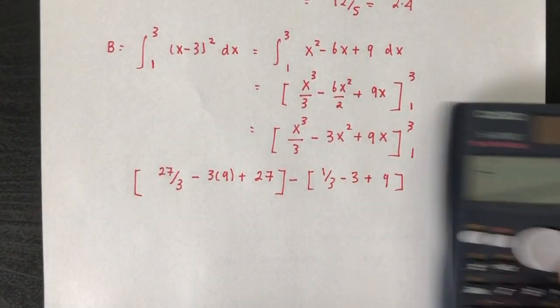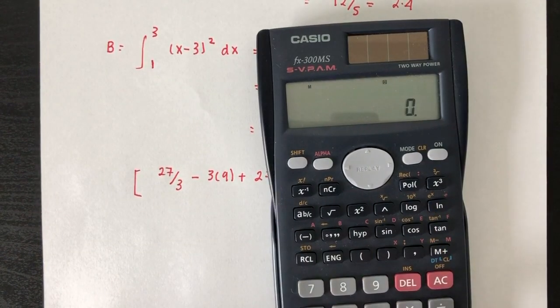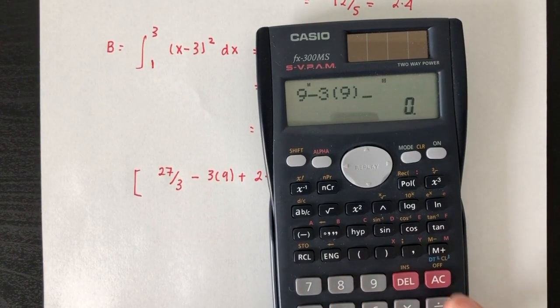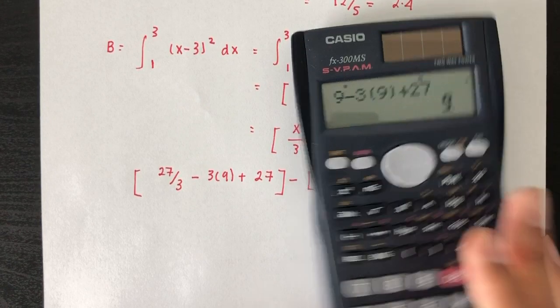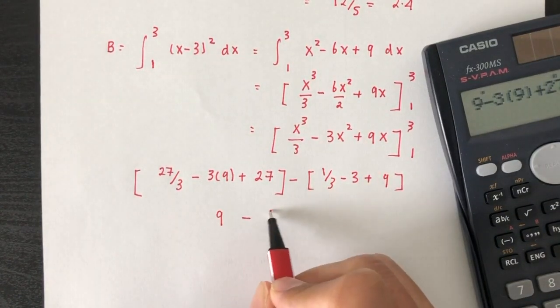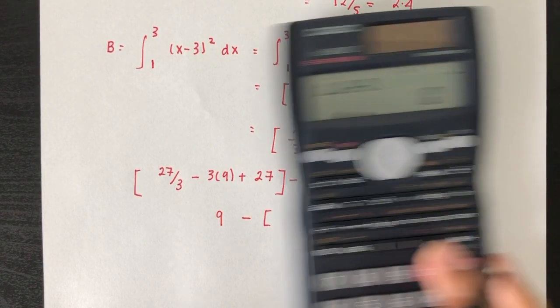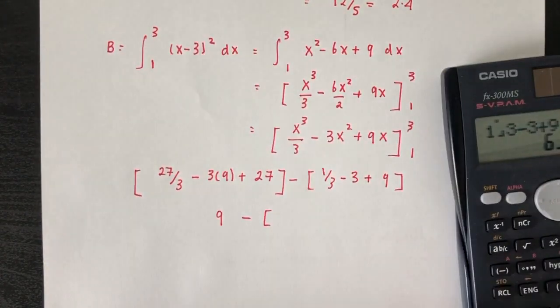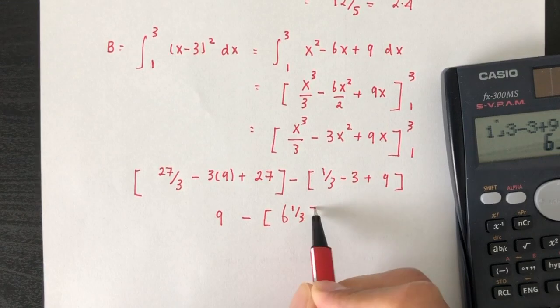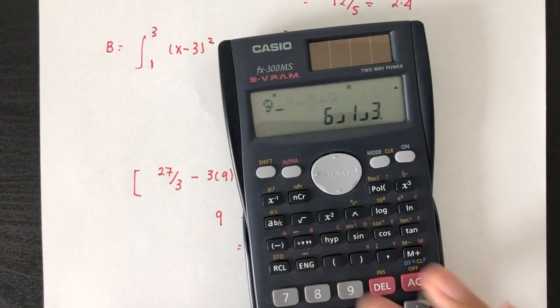So let's simplify. 27 divided by 3 will be 9. 9 minus 3 times 9 plus 27. That will be 9. Minus, so 1 over 3 minus 3 plus 9. So your answer will be 9 minus that answer.